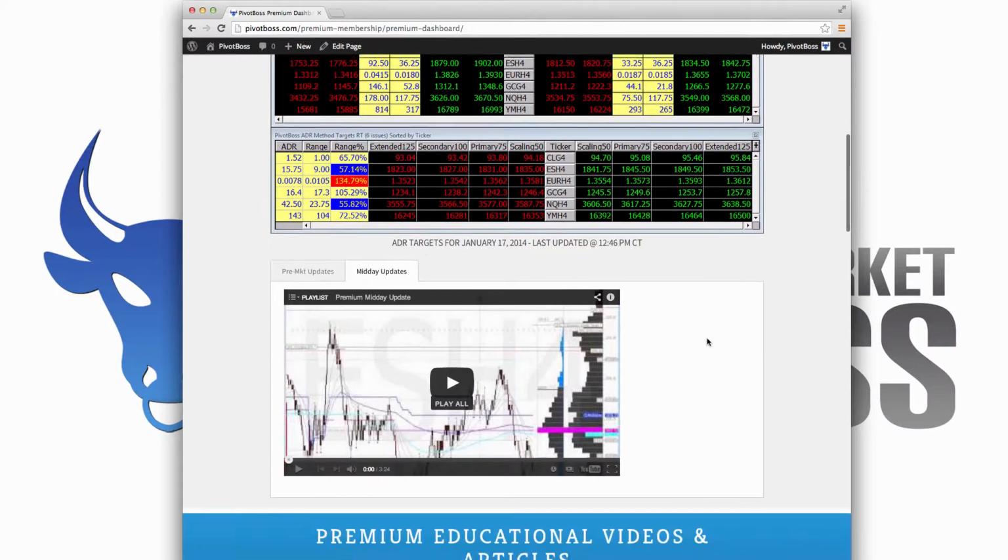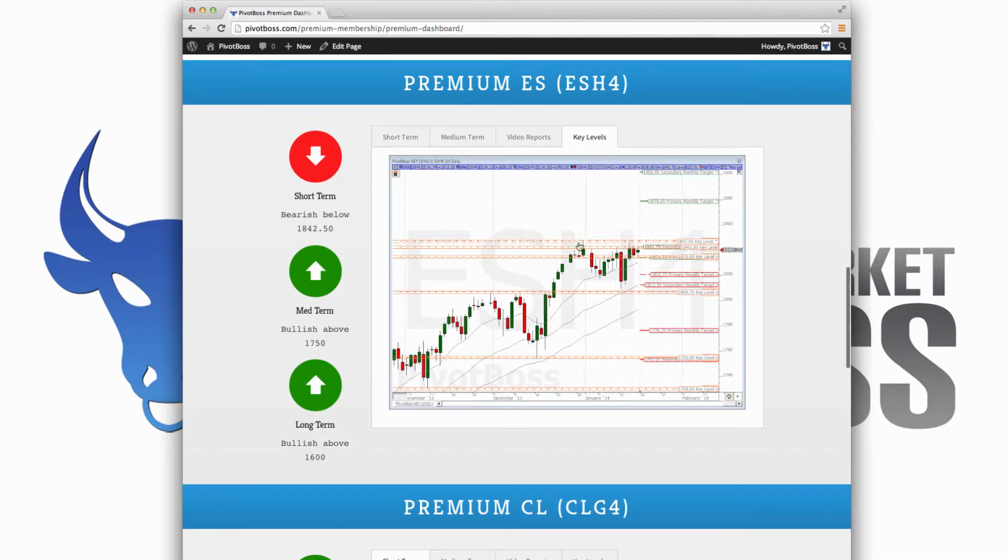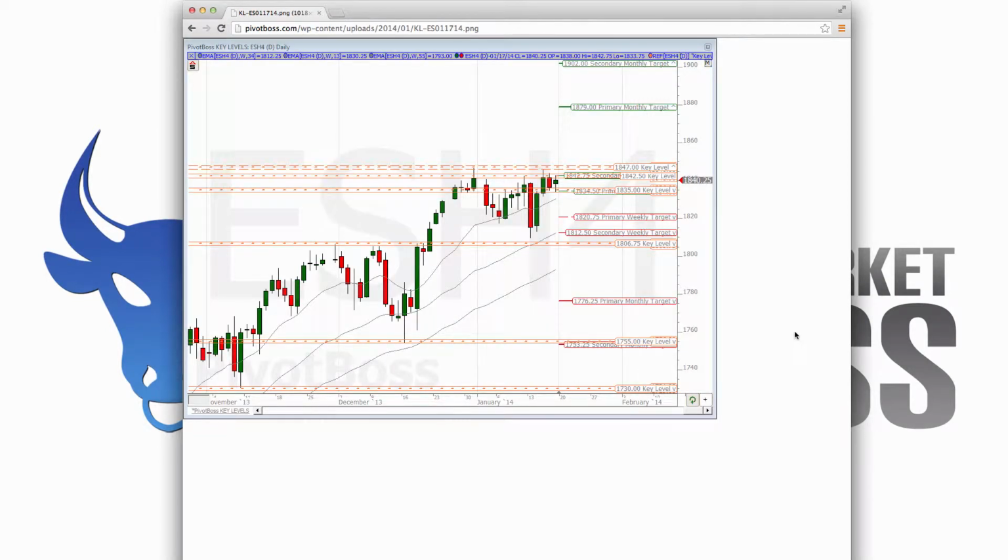So if you scroll down to one of these subsections here, for example, if I look at key levels and bring up this key level section, you can see right here, primary monthly target, secondary monthly target. You can see primary monthly target on the downside, which is red, and the secondary monthly target here, 1753 quarter.